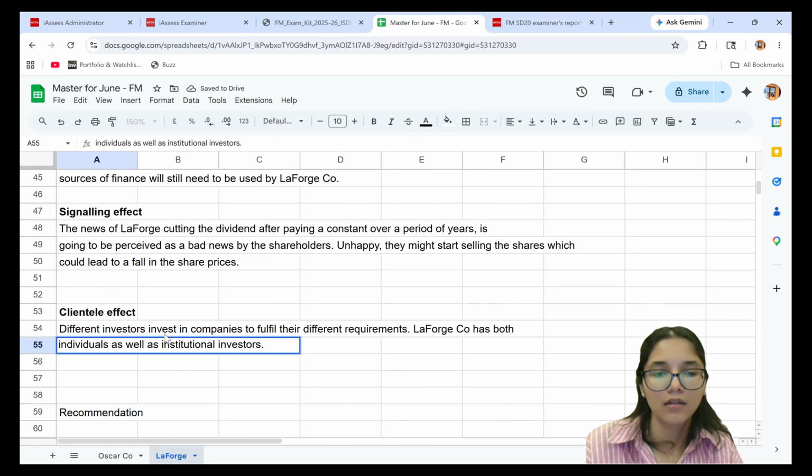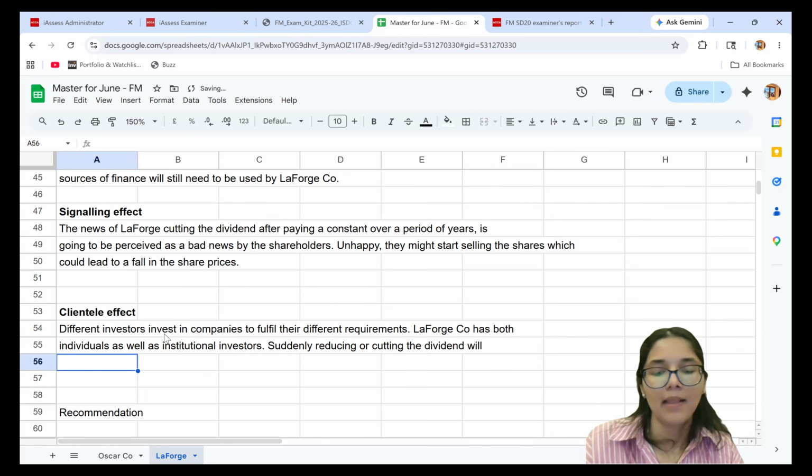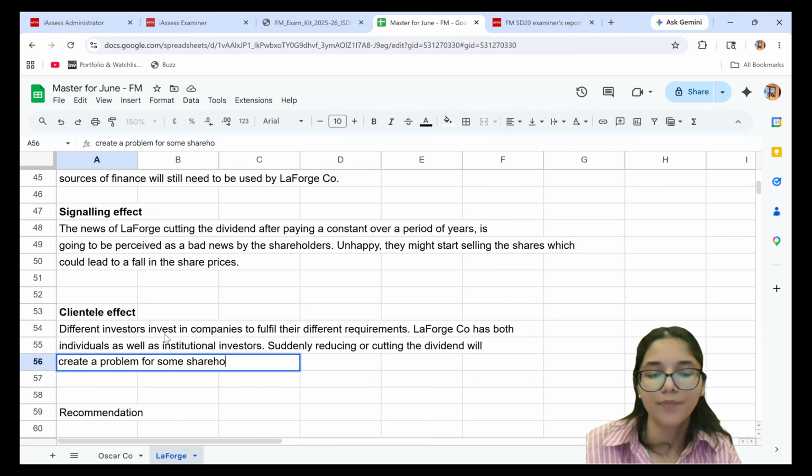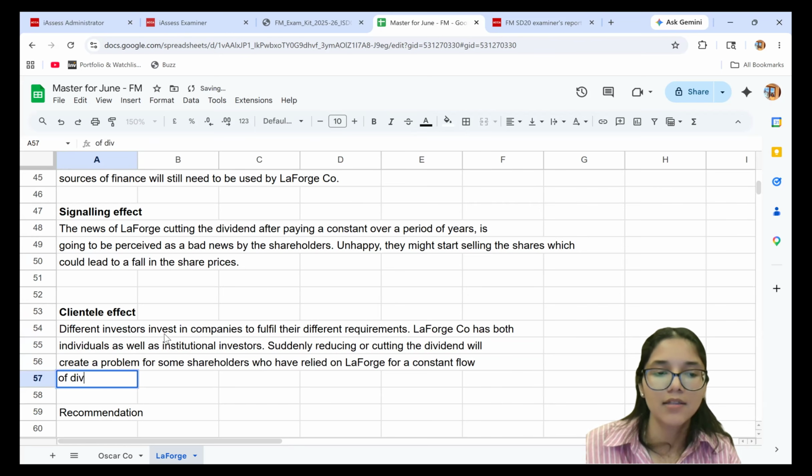Suddenly reducing or cutting the dividend will create a problem for some shareholders who have relied on LaForge for a constant flow of dividends every year.